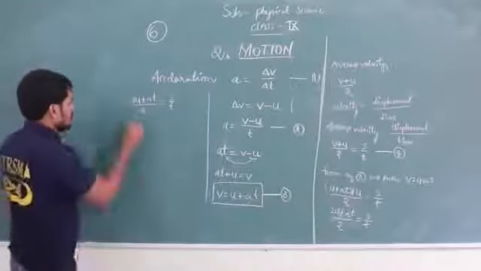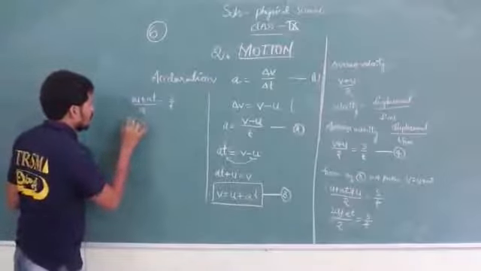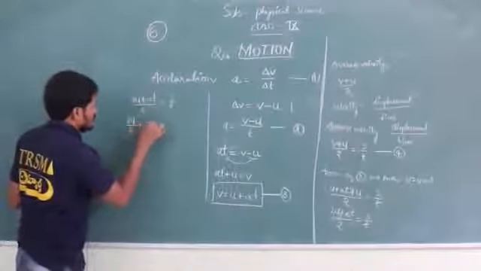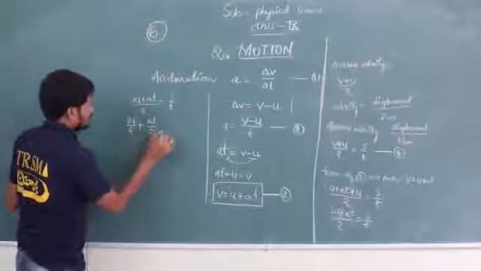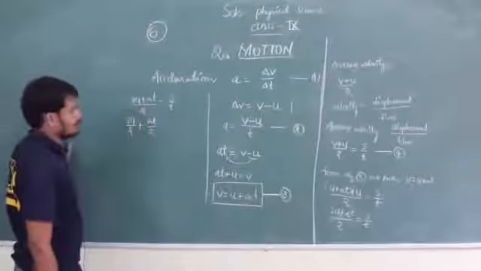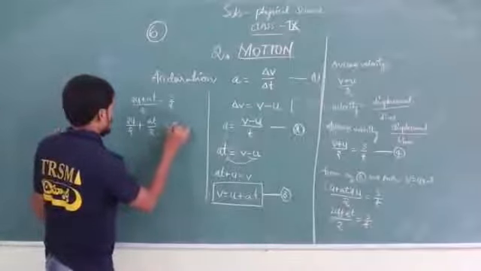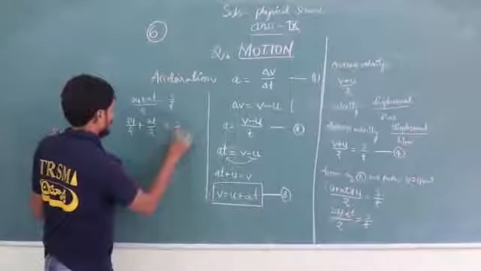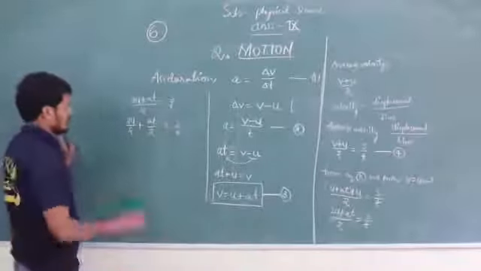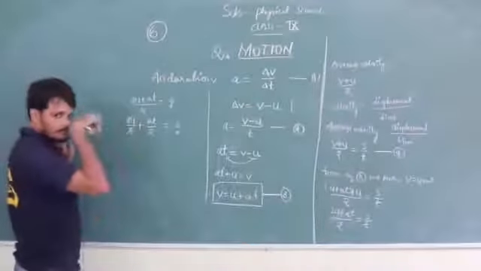Now simplify it: 2u by 2 plus at by 2 is equal to s by t. Now here the 2 cancels.